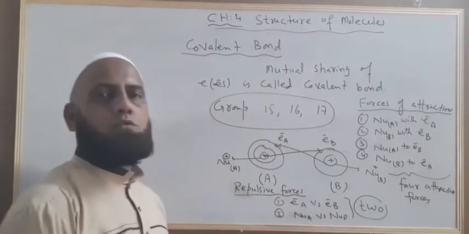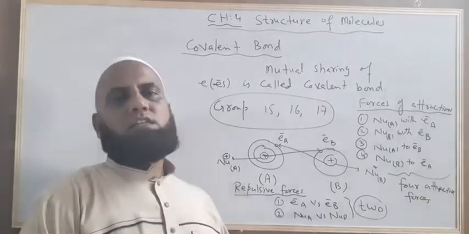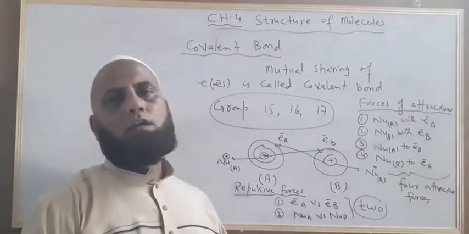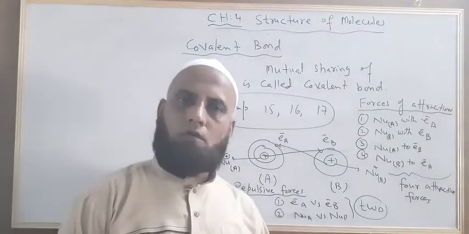So 4 minus 2, the answer would be 2. Since the forces of attraction are dominant, in this way these atoms would be able to make the bond.